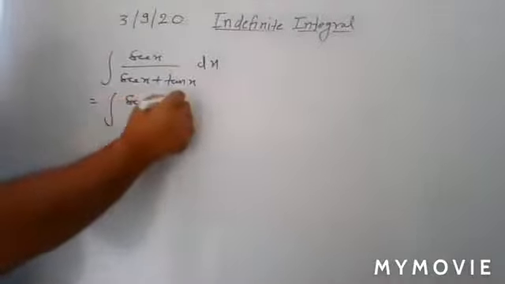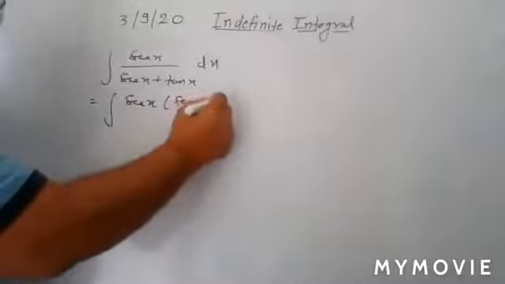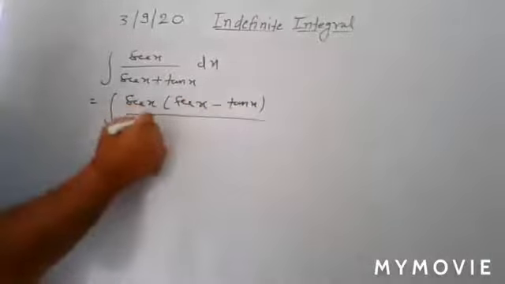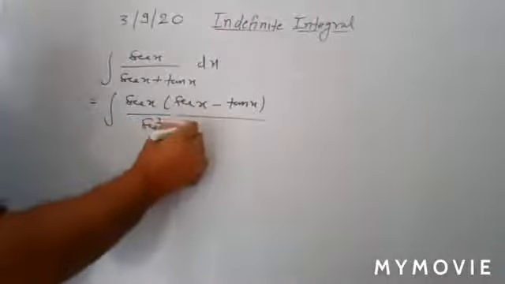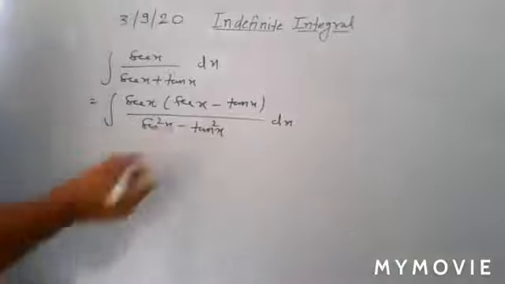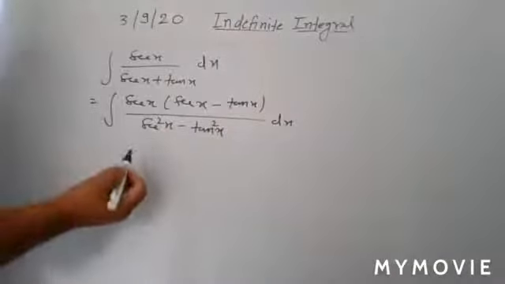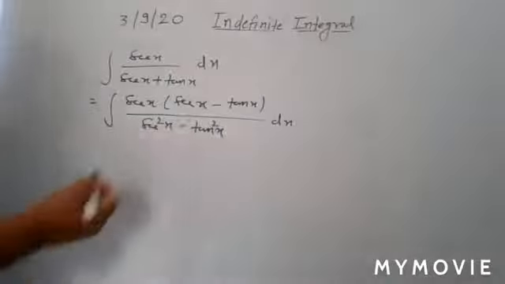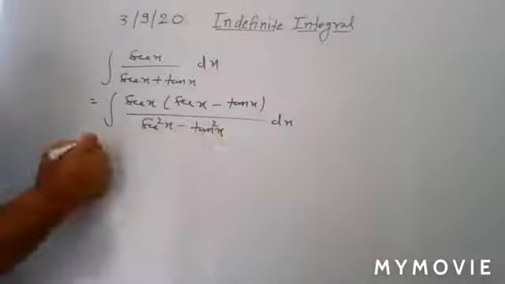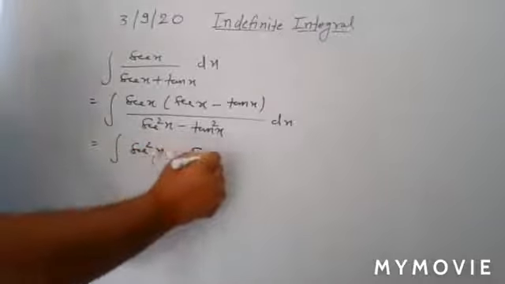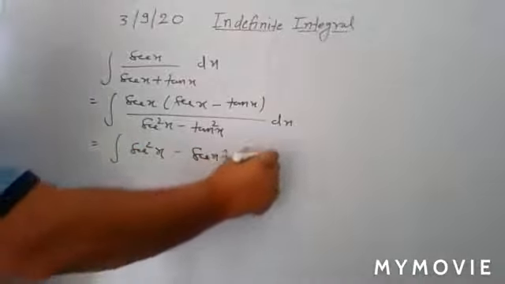You have sec x into sec x minus tan x, whole divided by sec square x minus tan square x dx. Here you take the conjugate, and in the denominator you apply the formula for a plus b, a minus b: a square minus b square. So b equals 1, and here you have sec square x minus sec x into tan x dx.